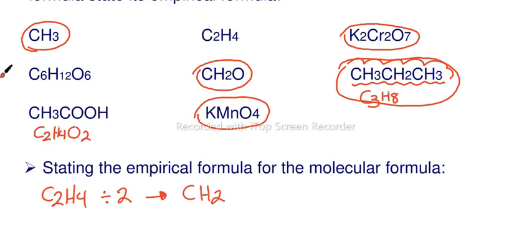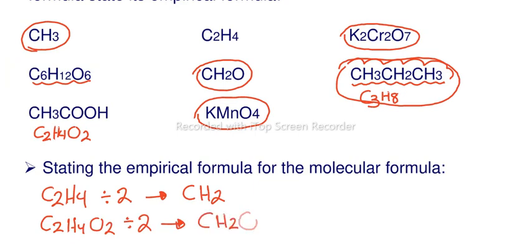Continuing with the glucose, of course we do this before, so no need to repeat it. Finally, I have another molecule that I need to simplify, which is the ethanoic acid, C2H4O2. I'm going also to divide over 2 in order to have our final answer, which is CH2O.